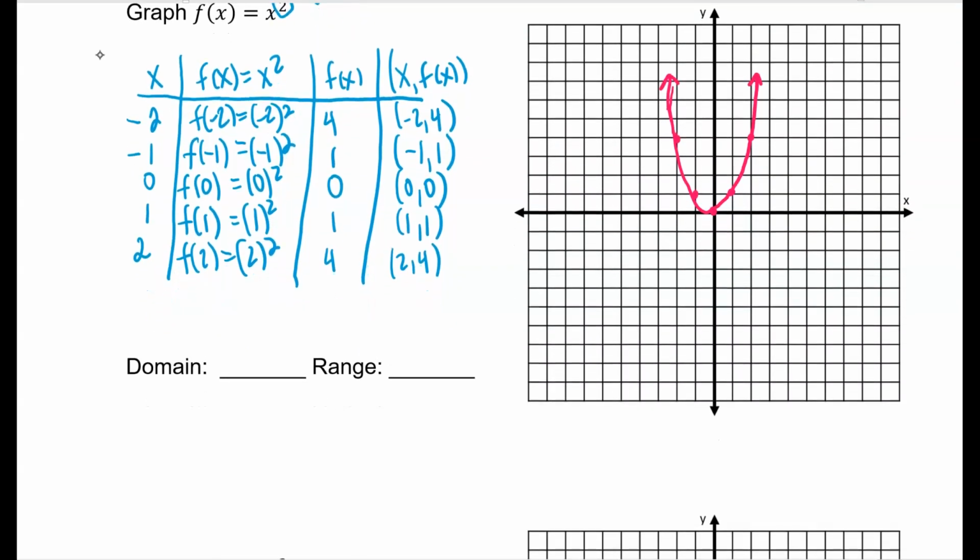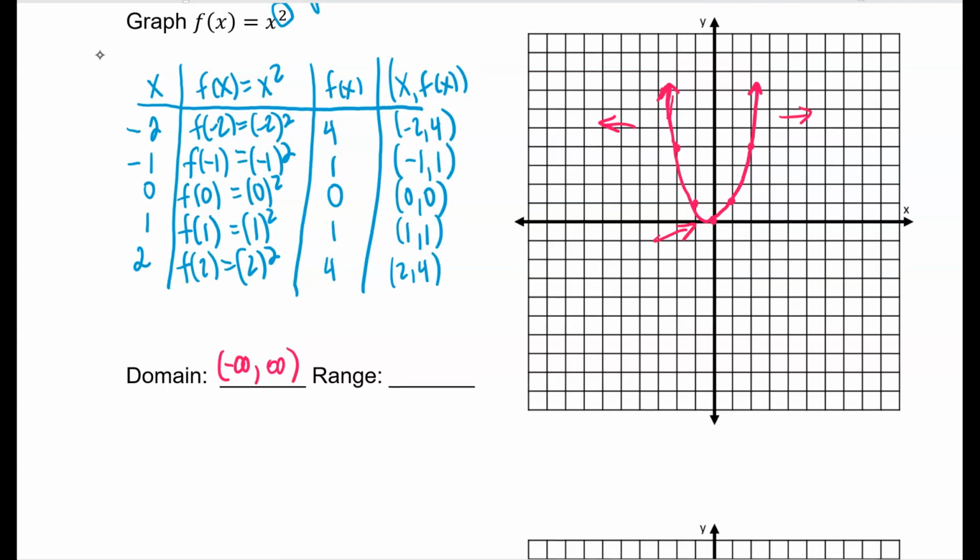Our domain, notice this left side is still going continuously to the left. So we still have negative infinity to positive infinity if you look at the x-axis. However, if you look at the y, the bottommost point is this point. So we're looking at the y-axis at this point for the range.